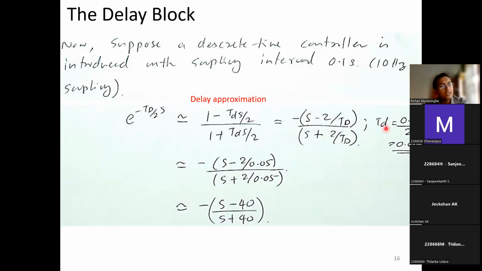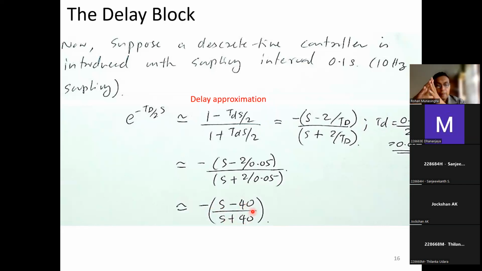So if the time delay is, let's say, 0.1, this is in fact the entire sampling interval, not the time delay. Sampling interval 0.1 divided by 2, that is 0.05. So the entire block takes this form: minus s minus 40 over s plus 40.